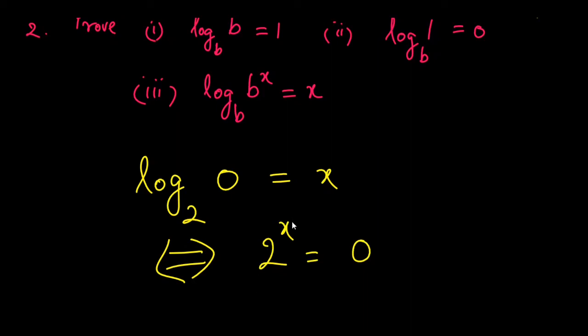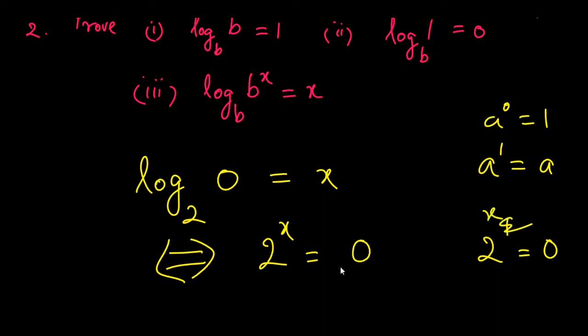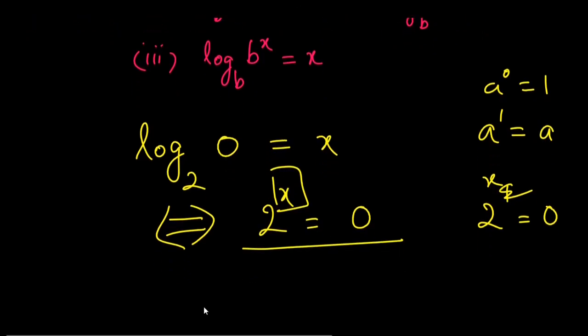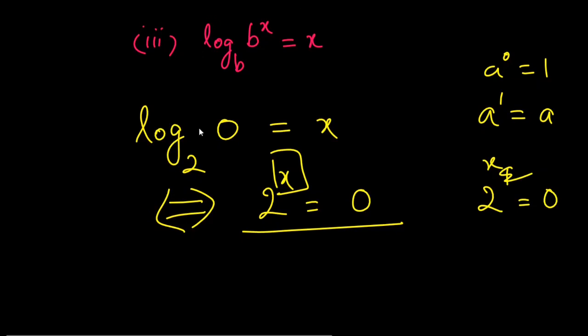For what value of x do we get this? A power 0 is 1. So we are not getting any value here. For whatever value of x, we are not getting 0. So log of 0 is not valid.